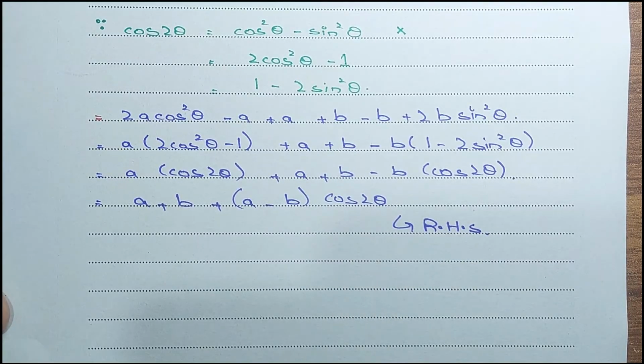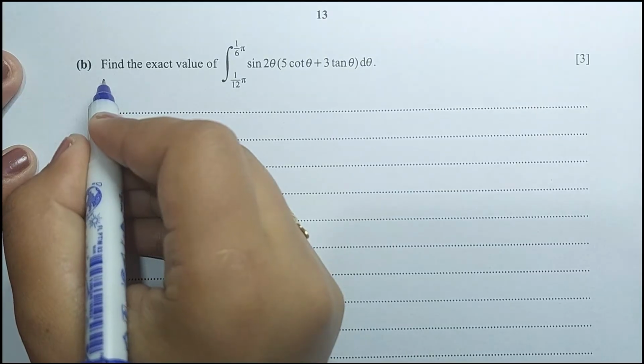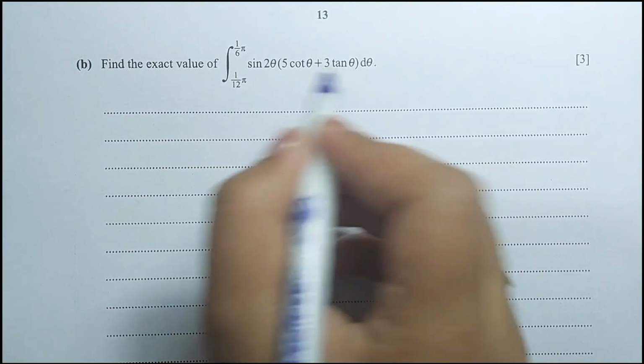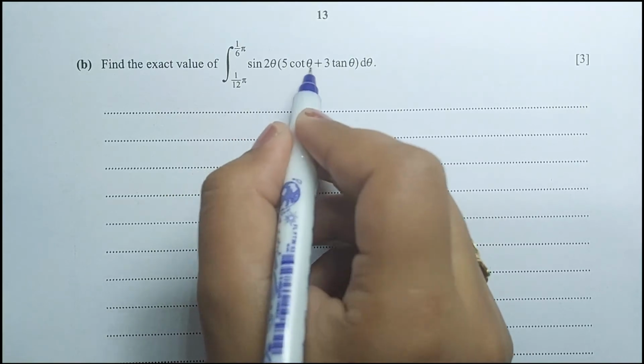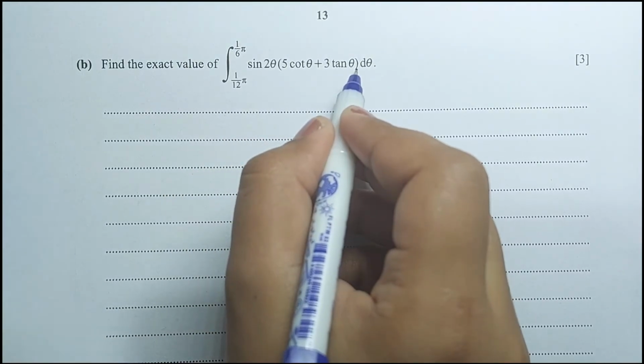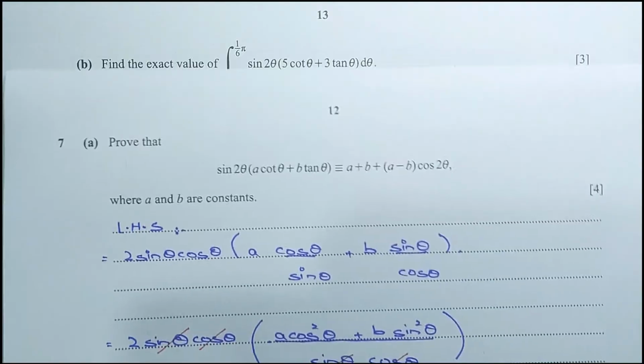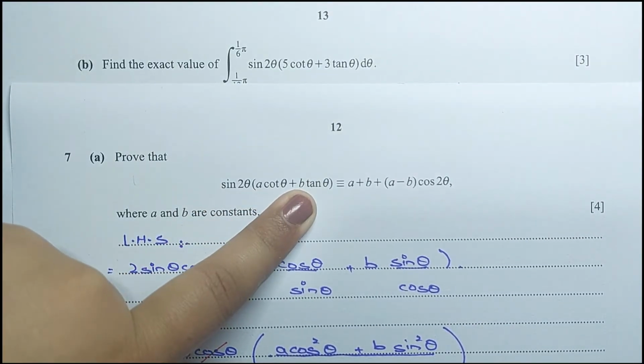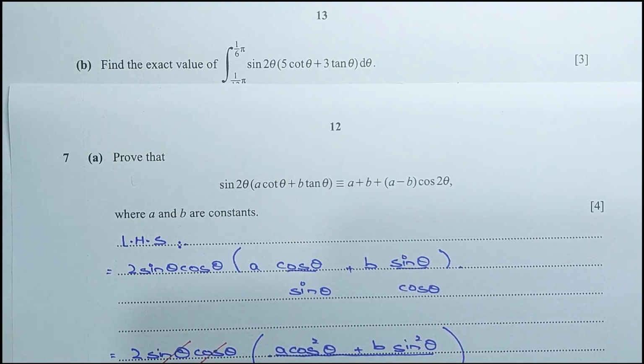All right. Now for part B, find the exact value of this integral. Sine 2 theta, 5 cot theta, 3 tan theta. If I compare it with this one, sine 2 theta, the a value is 5 and the b value is 3.